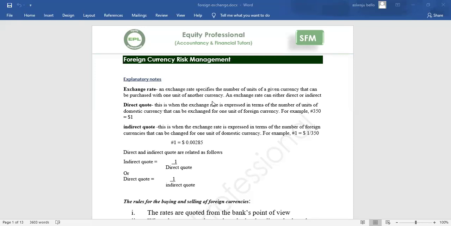We take that again. Exchange rates can be defined as the quantity of one country currency that is required to buy 1 unit of another country currency.